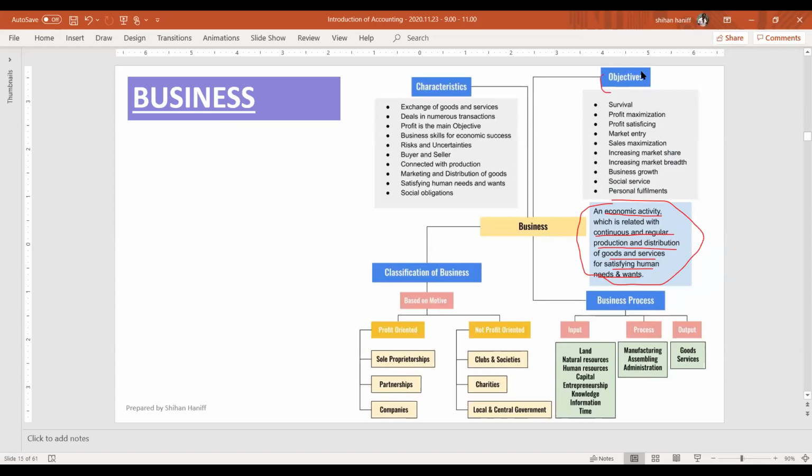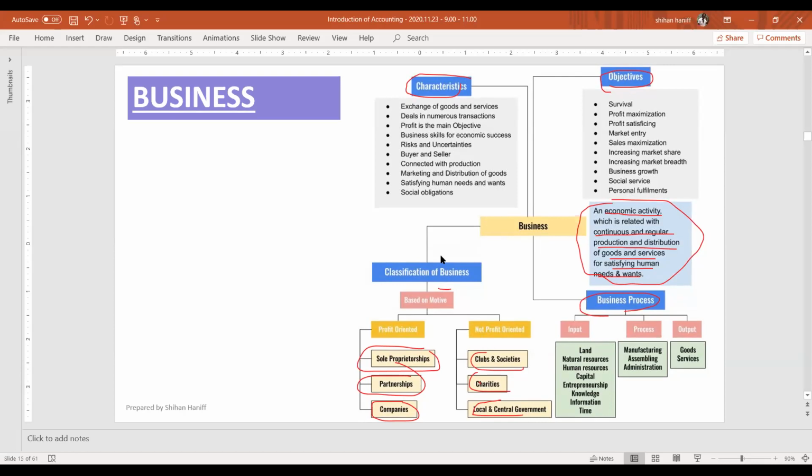There are objectives, characteristics, and different types of businesses: sole proprietorship, partnerships, companies, clubs, charities, government organizations, and the business process. I'm not going to explain them individually here. We will explain the business separately.